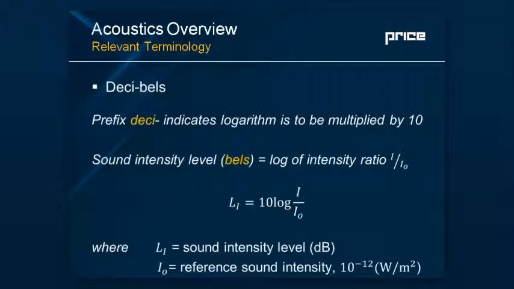So that's how we've kind of come up with the current system. And then when we say decibel, a deci indicates a logarithm multiplied by 10. And again, the sound intensity in bels is simply the logarithm of the ratio of the two intensity levels. So you have your measured on top, and then you have your reference on the bottom.